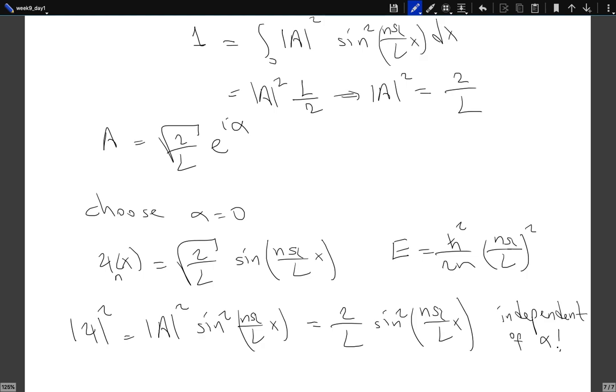The wave function, as we will see on Thursday, always comes multiplied with its complex conjugate. So that alpha just disappears in all the computations. That's why you can choose whichever value you like. The simplest choice is 0.